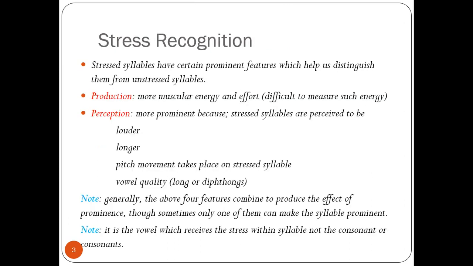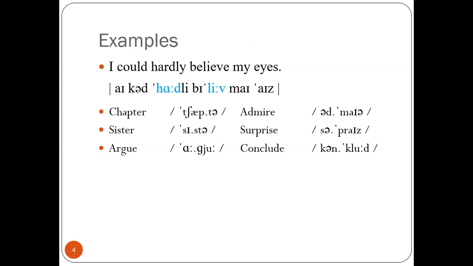We have got examples there too, but before moving to recognition, we need to have some examples. Look at the sentence: I could hardly believe my eyes. I could hardly believe my eyes. It has got six words, with variation of different lengths.